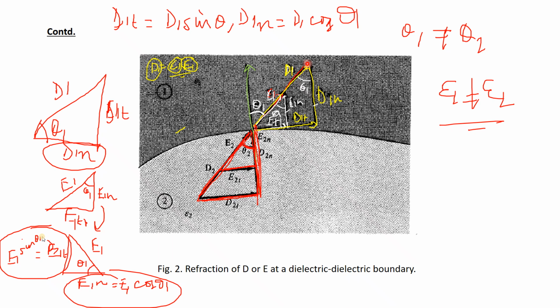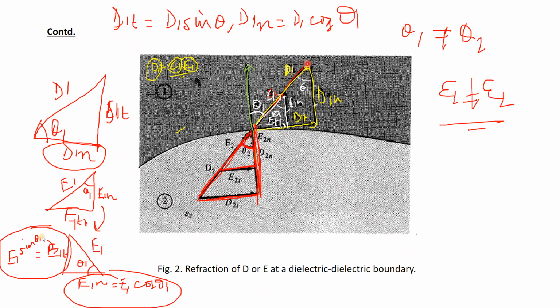Using this theory, it is understood what the boundary conditions are. If one particular electric flux or electric field is being transferred from one dielectric medium to another, how will it behave, what will be the property?